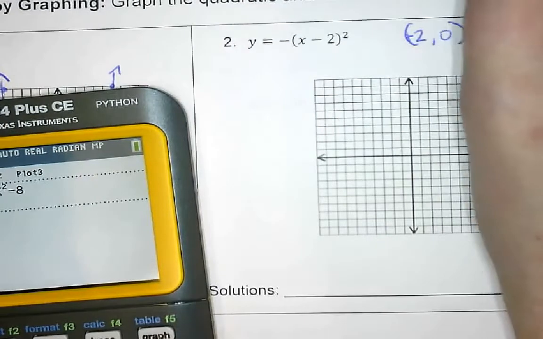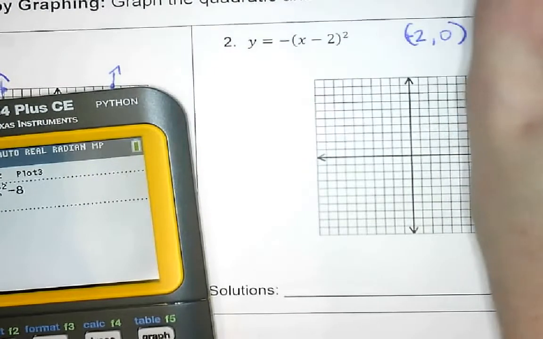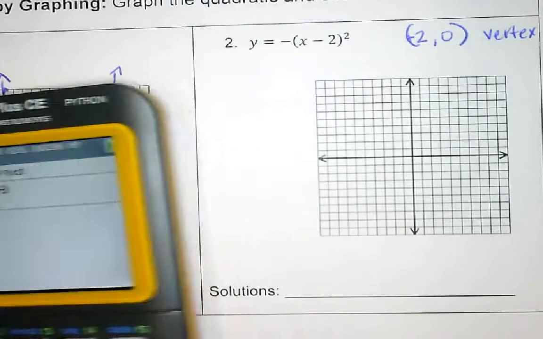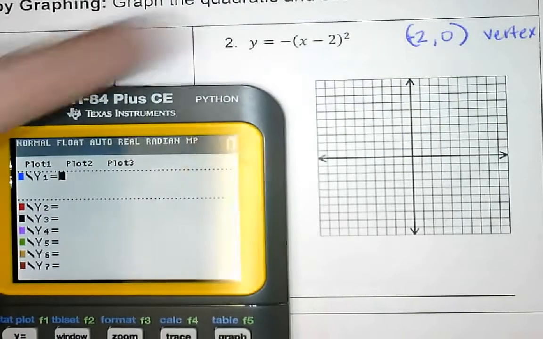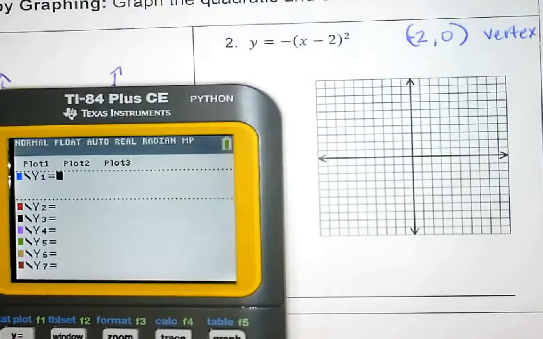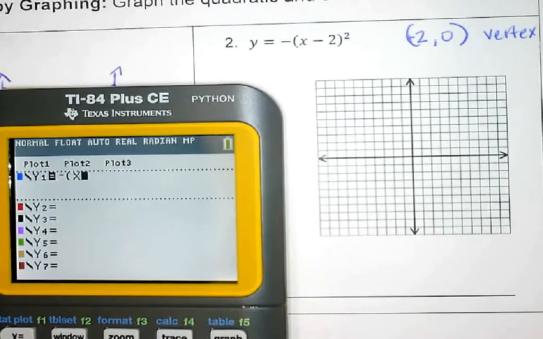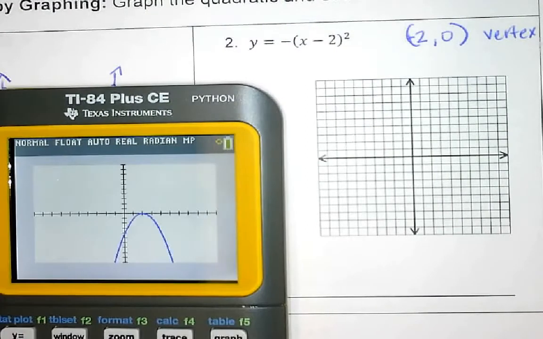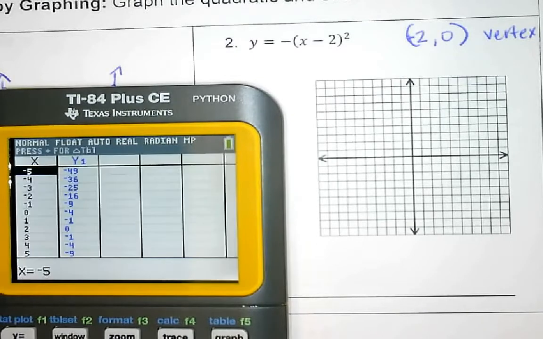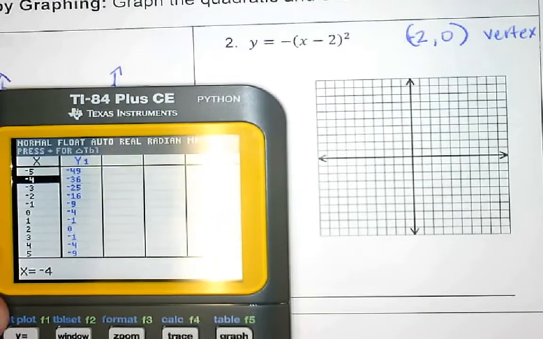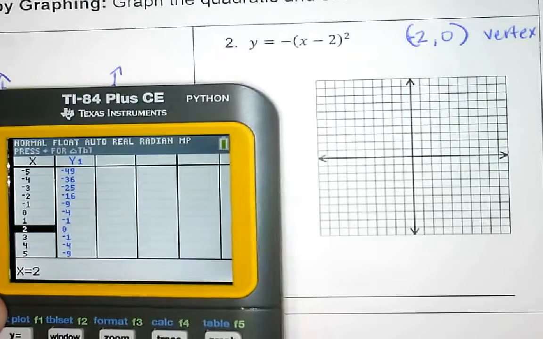I'm going to find my other points. It's also going to open down because it's a negative. So I'm going to do negative x minus 2 squared. Graph. Cool. I'm going to go here and find some other points for me. So yes, my vertex is right at 2, 0.